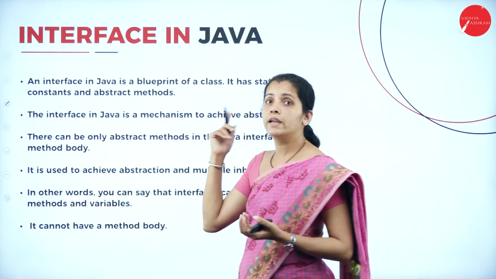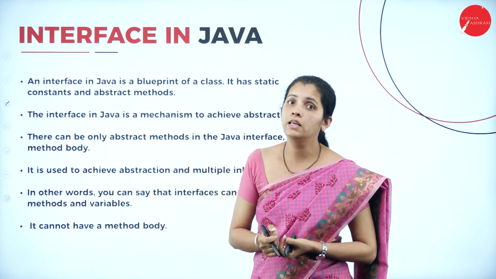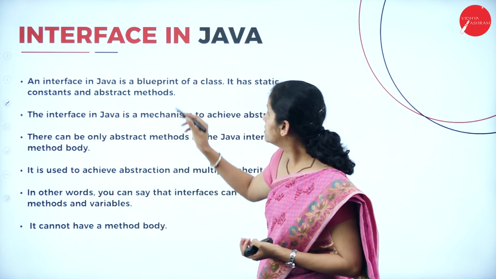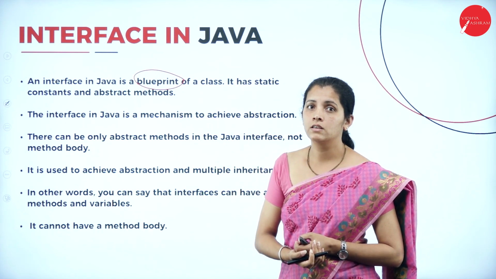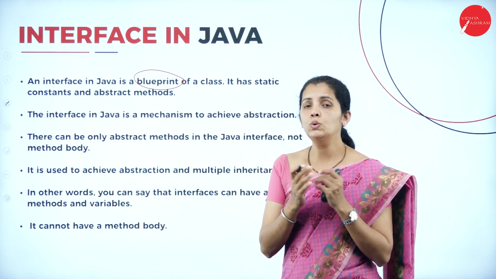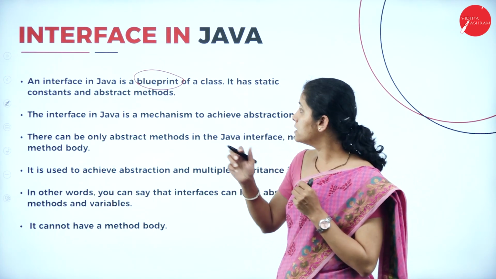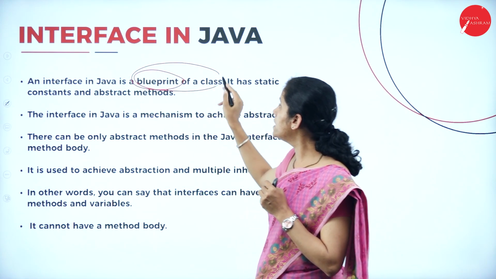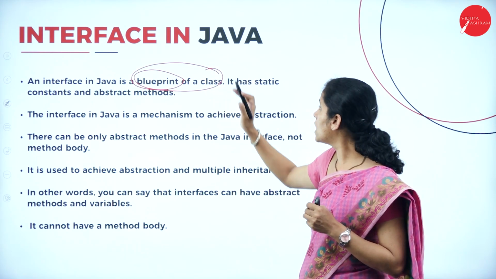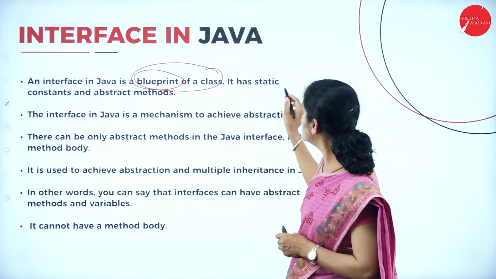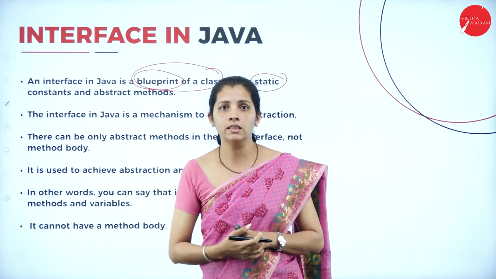So what is interface? Here interface is nothing but the blueprint of a class. That means it includes only fields as well as methods. For that reason, it's termed as the blueprint of a class that includes static, constant and abstract methods.